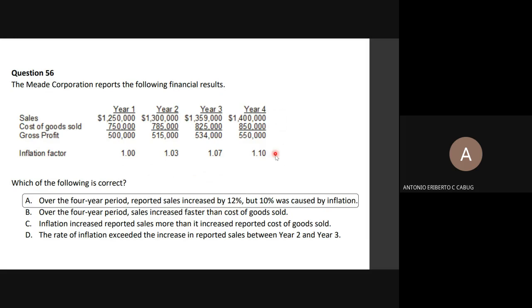So that 12% increase in sales is small, no? The 12% increase is small because the effect of inflation is 10%. Okay? So, realistically, you are only increasing your sales level by 2%, accounting for price change. Your volume only increased by 2%. Is that clear? I hope that's clear.